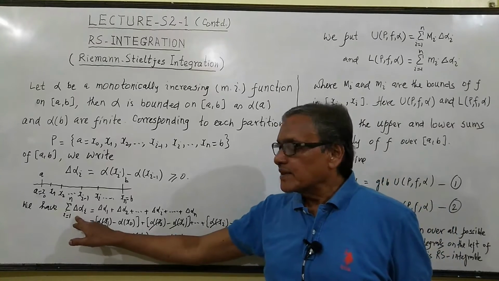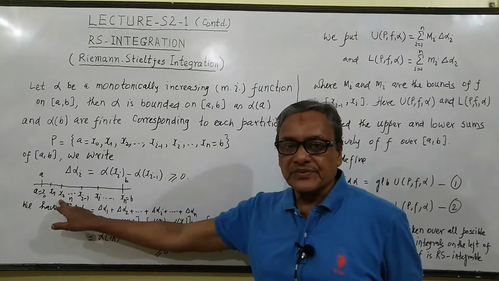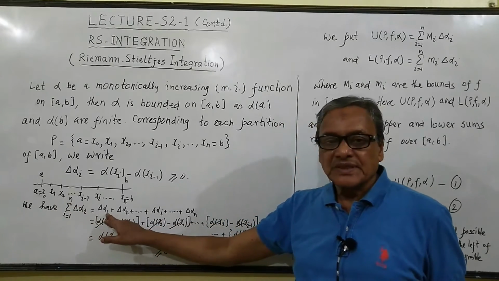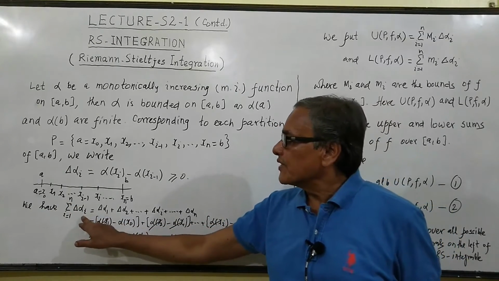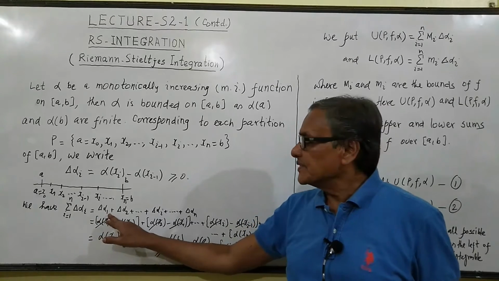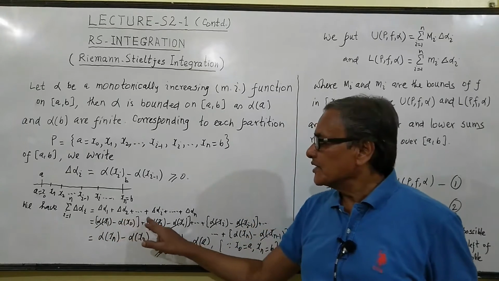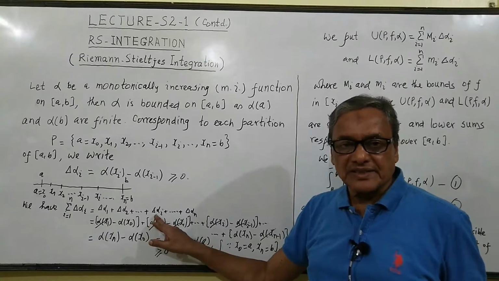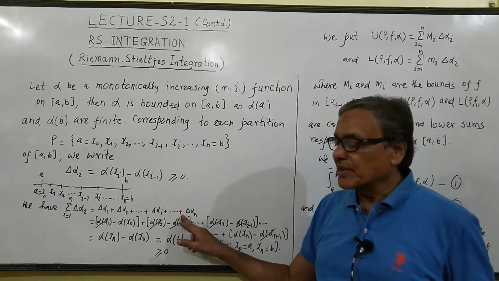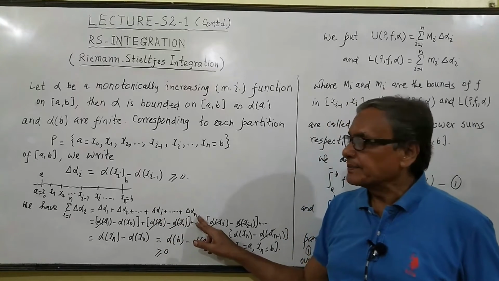So sigma delta alpha i from 1 to n, on expansion, when i is 1, it will be delta alpha 1, plus delta alpha 2, and so on, delta alpha i, and so on, plus delta alpha n.